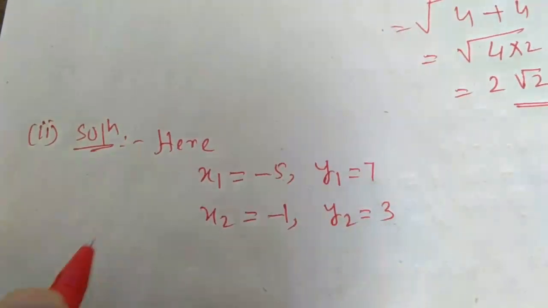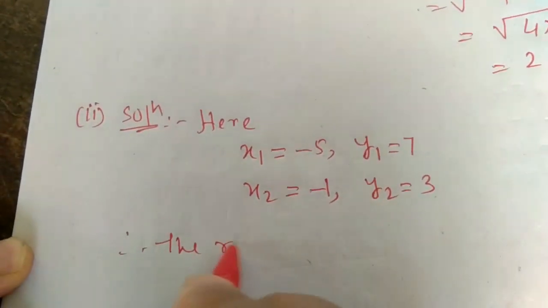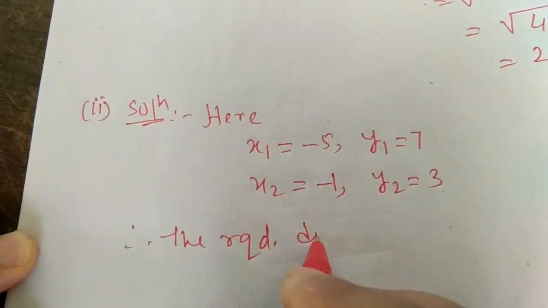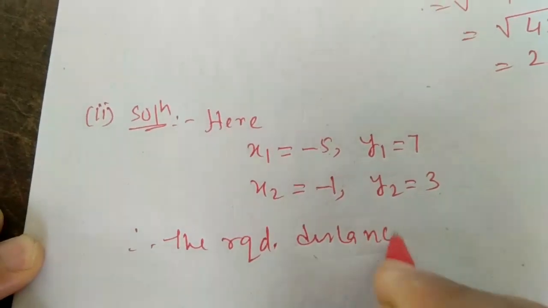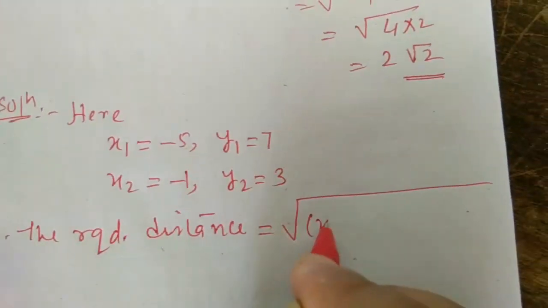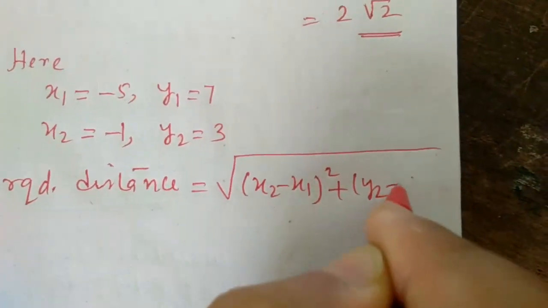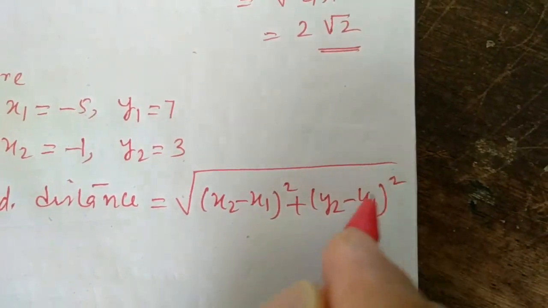Okay, therefore the required distance equal to formula root over x2 minus x1 whole square plus y2 minus y1 whole square.